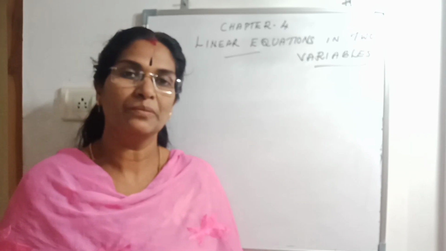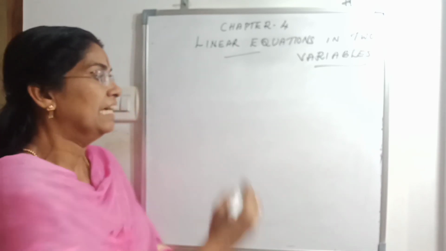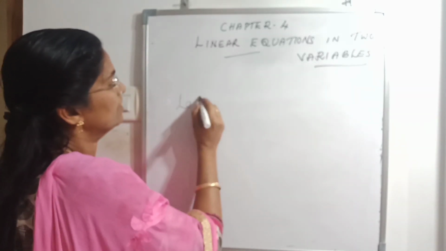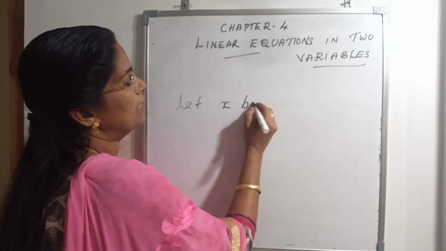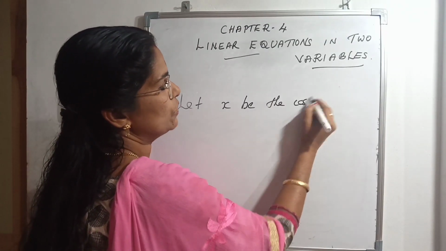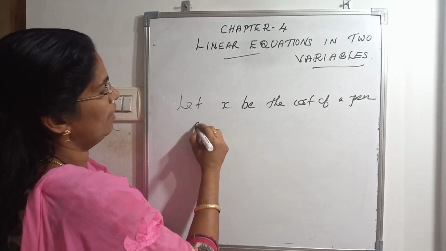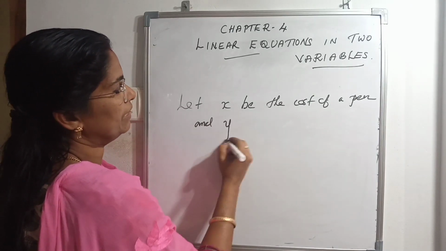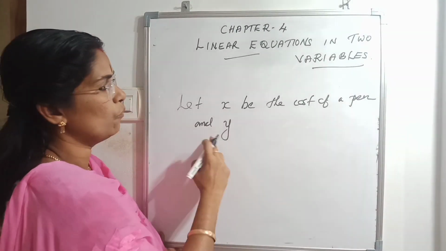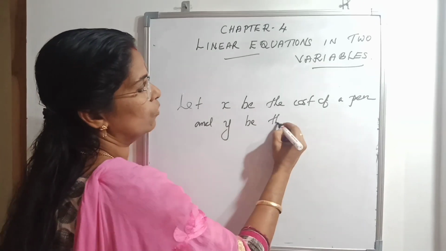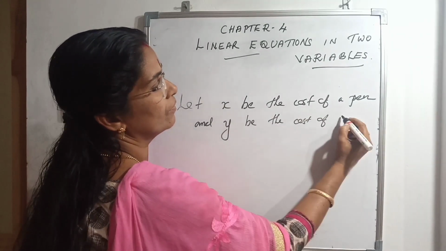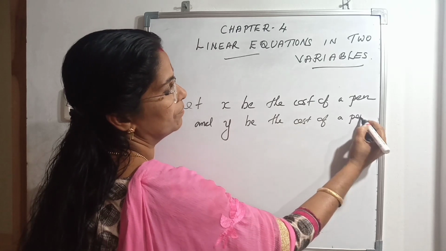How can we find it? See, let x be the cost of a pen, and for another item we need another variable. So y be the cost of a pencil.